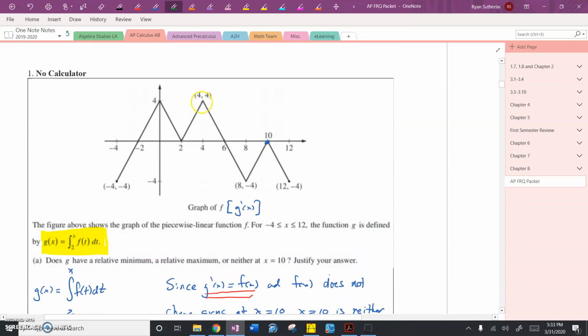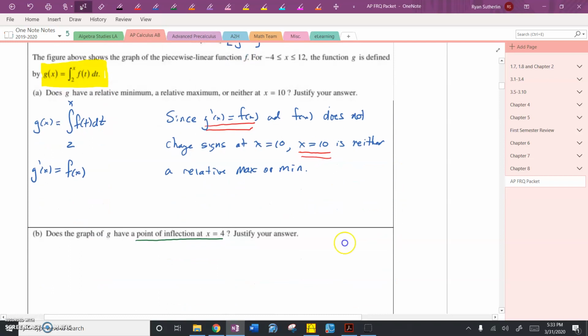So at x equals 4, at that point on g prime of x, it's a local maximum. The g prime is going from increasing to decreasing, which means g of x is going from concave up to concave down, which would indicate then a point of inflection.